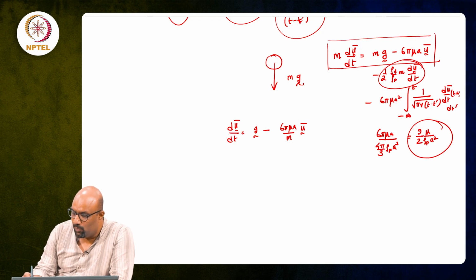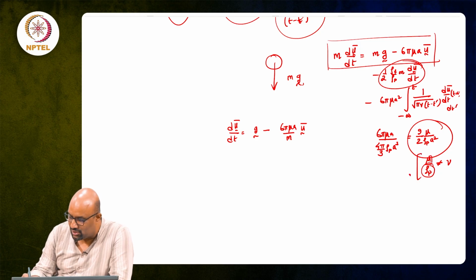Again, mu by rho p is not the kinematic viscosity of the fluid, because this is the density of the particle, but it does have dimensions of, what is the dimension of this quantity? Length square per unit time, right.